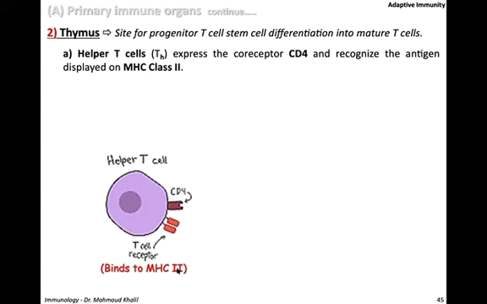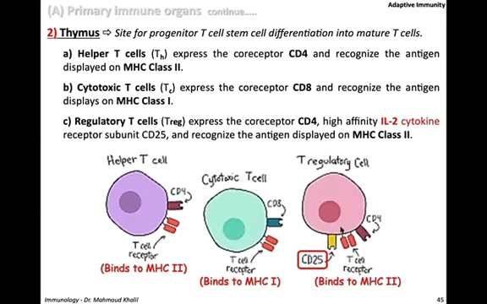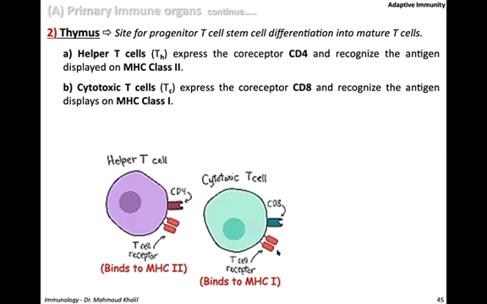The T cytotoxic cell is different because it has a T cell receptor that recognizes and binds to MHC1, and another co-receptor, CD8.